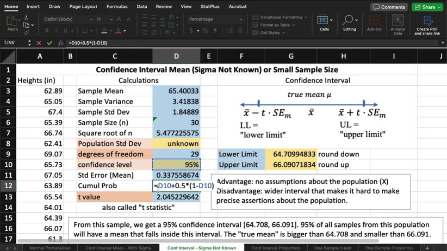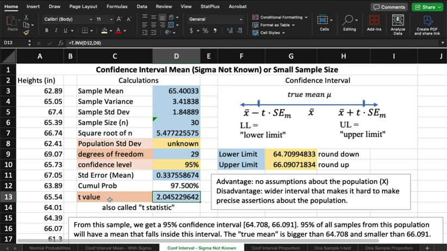So again, that's equals D10 plus 0.5 times (1 minus D10). So half of 5% is 2.5%. So 95% plus 2.5% is in fact 97.5%.